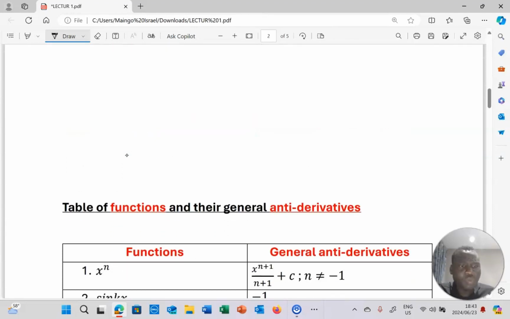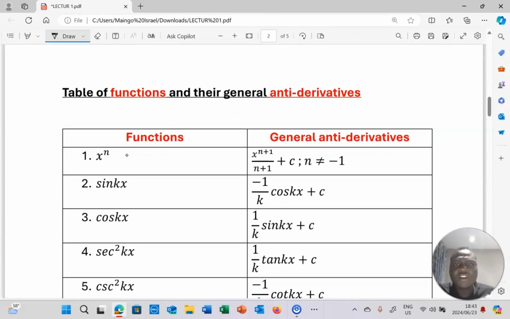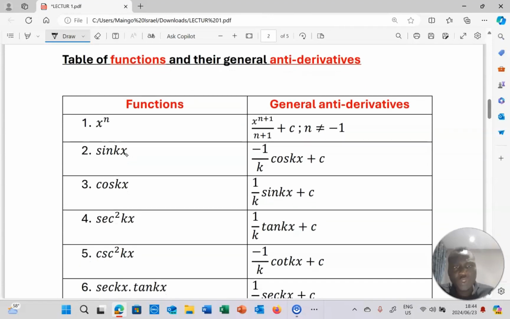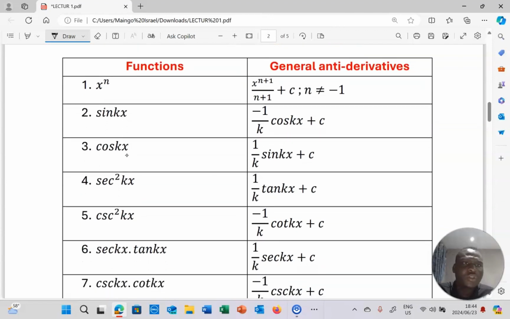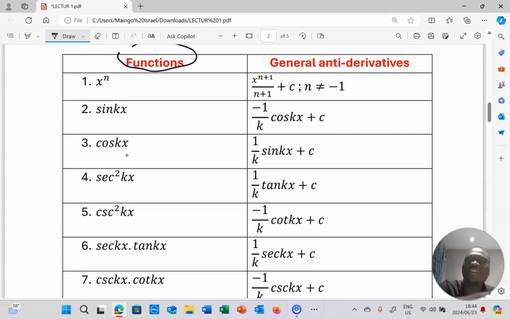So we can go to the table of functions and their general antiderivatives. This table is just showing the functions and their general antiderivatives. First function, x to the power n, where n is an integer. To find its antiderivative, we say x to the power n plus 1.